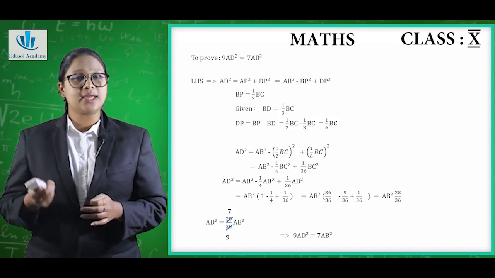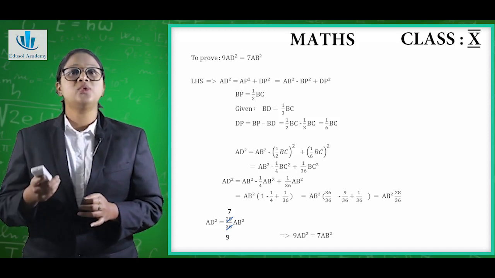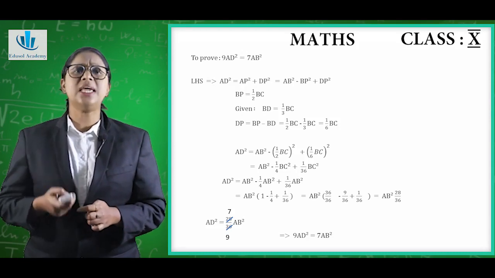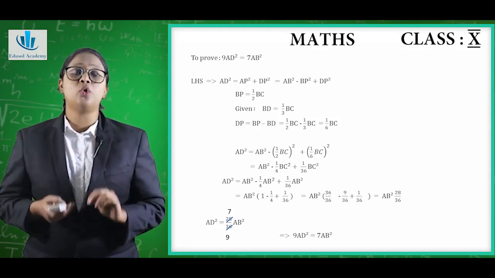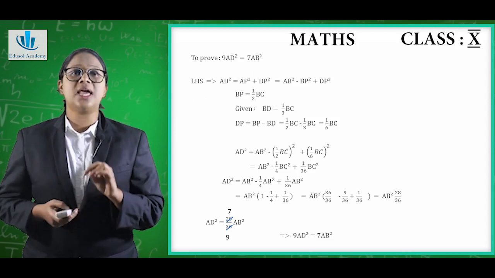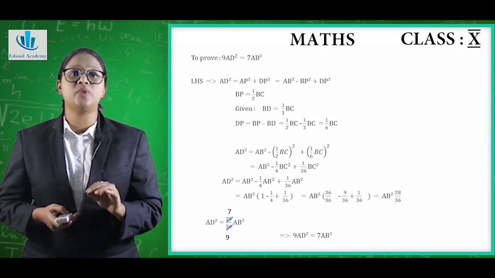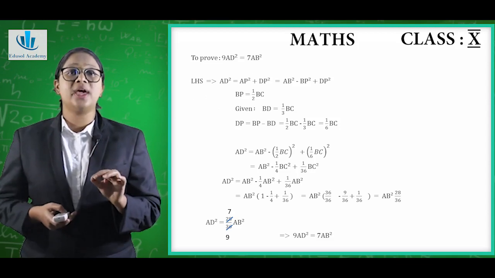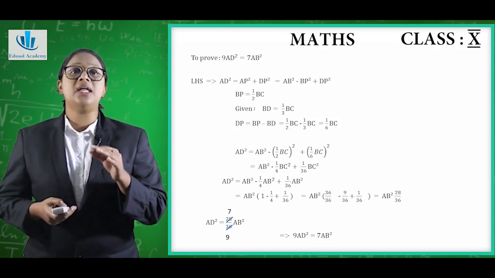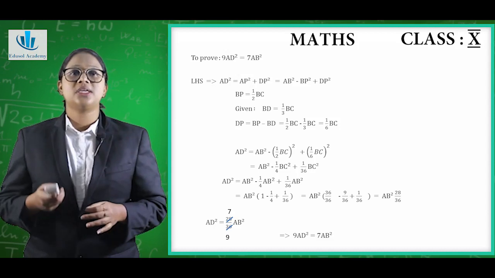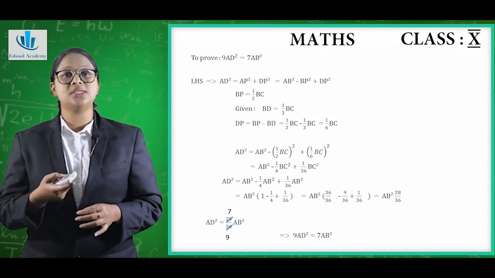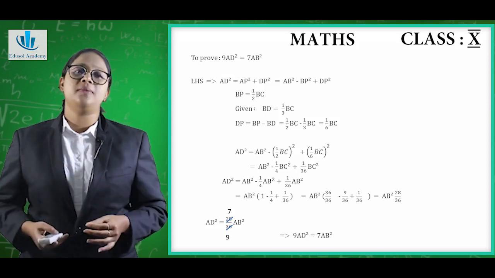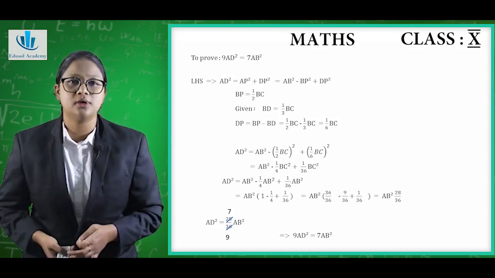Now operating the bracket, we will get it as 28 by 36 into AD square. 28 and 36 have 4 as a common factor, so we can cancel the common factor 4 from 28 and 36, and we will get AD square is equal to 7 by 9 AB square, and if we transpose 9 to the other side, we will get 9 AD square is equal to 7 AB square, hence proved.